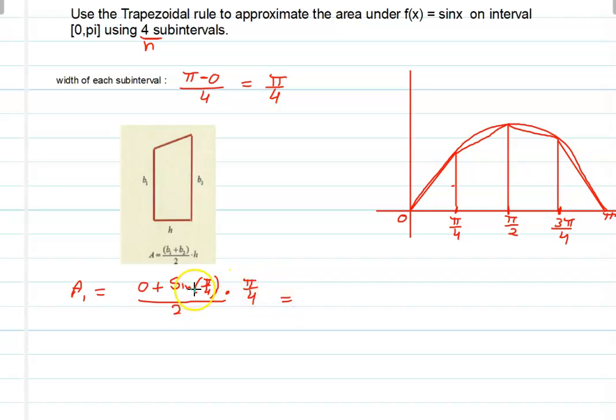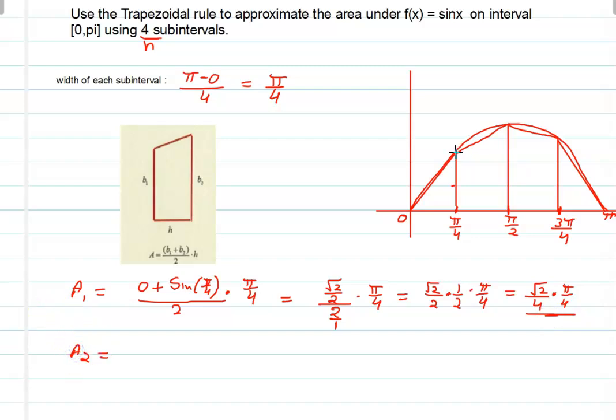Now we plug in the value of sine pi over 4, which is square root 2 over 2, all over 2 times pi over 4. The 2 in the denominator can be written as 2 over 1, which gets flipped later on, and it becomes square root 2 over 2 times 1 over 2 times pi over 4. This is the area of the first trapezoid.